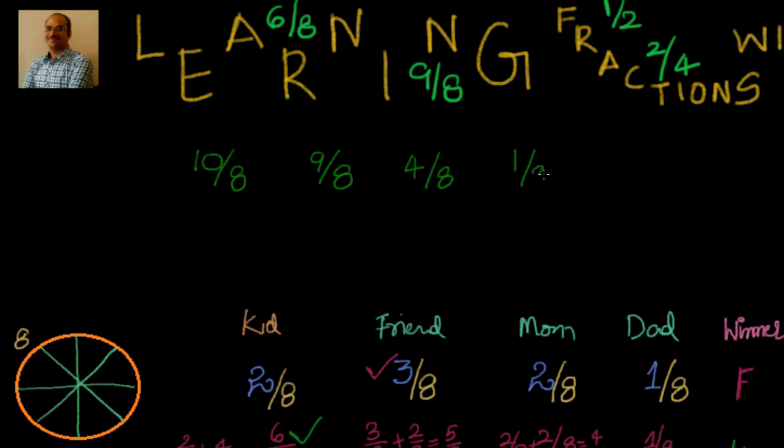And I am 1 by 8. I will keep it here: 10 by 8, 9 by 8, 4 by 8 and 1 by 8. Try to add them all. You will get 24 by 8, which is nothing but equal to 3 whole parts, because we had 3 pages.